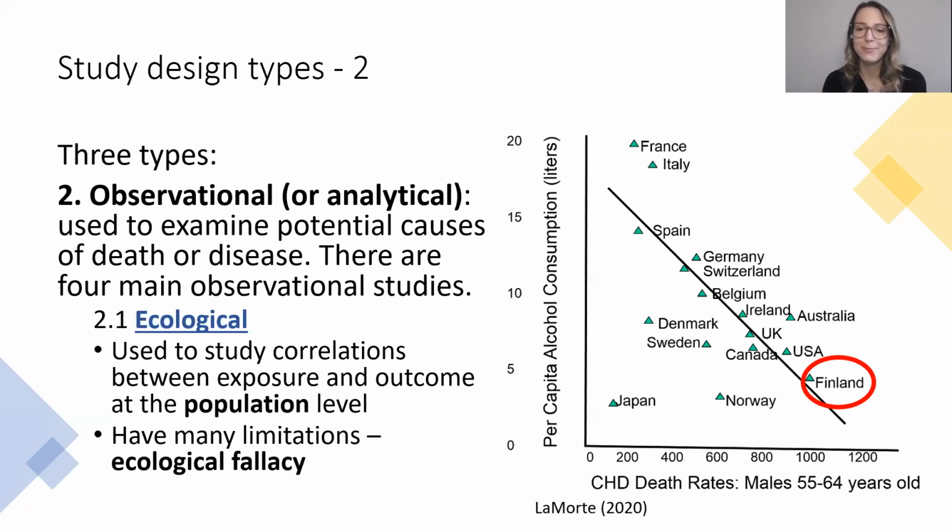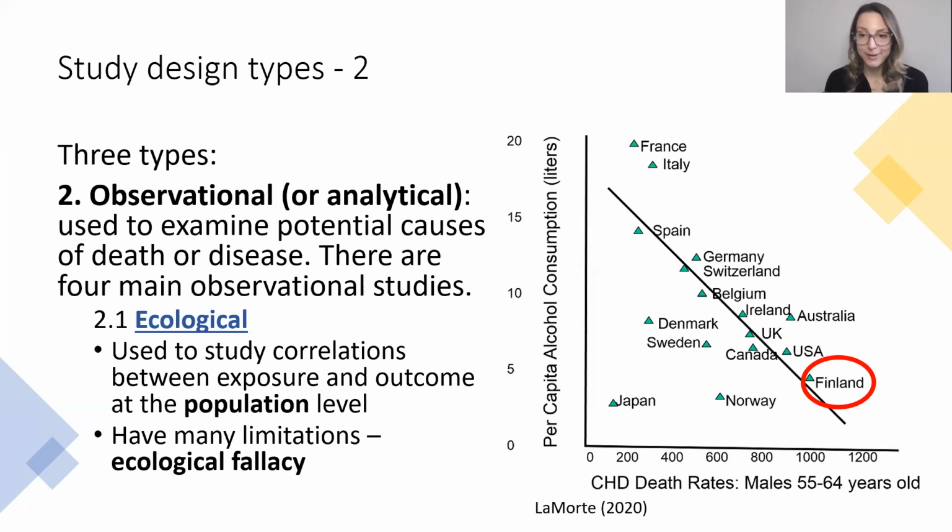In fact, alcohol, we know, is a disease risk factor for many diseases. So it's an example of ecological fallacy, because what this figure isn't telling you is that individual consumption of alcohol varies quite significantly. Not everyone drinks the same amount. And so pretending like every person in Finland has the same average level of alcohol consumption can lead you to make a lot of erroneous claims like this.